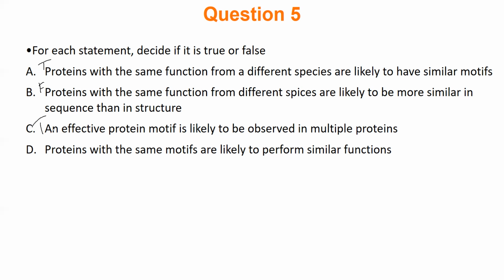And D: proteins with the same motifs are likely to perform similar functions. That's kind of similar to A, but that is true. Again, motifs are structure. So if you have the same structure, you're probably going to do the same thing. Right. So any questions about these true and false questions?